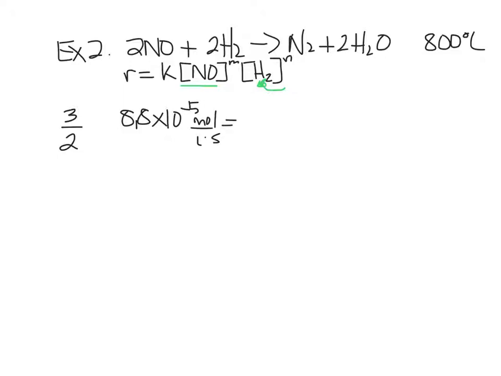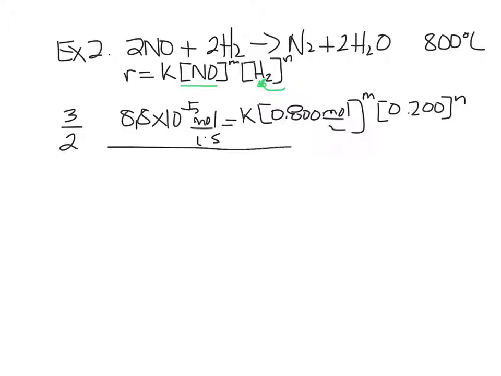This is equal to the constant K times the concentration for NO times the concentration of H2. So that's the rate law expression for experiment 3. So now put this all over the rate law expression for run 2.